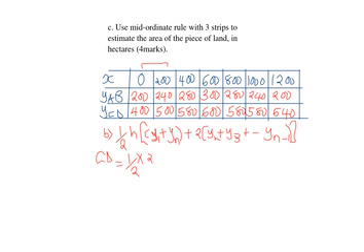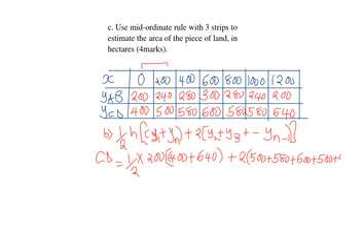So multiplied by 200 multiplied by the sum of the first y plus the last y, that is 400 plus 640, and this we will add to 2 multiplied by the sum of the remaining y's, that is 500 plus 580 plus 600 plus 580 plus 580 again.